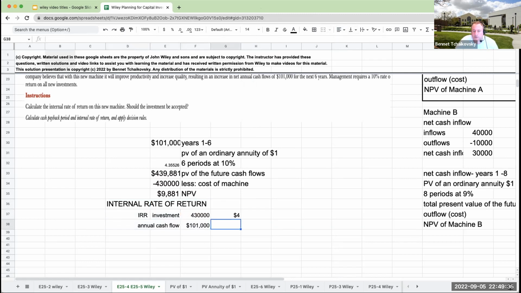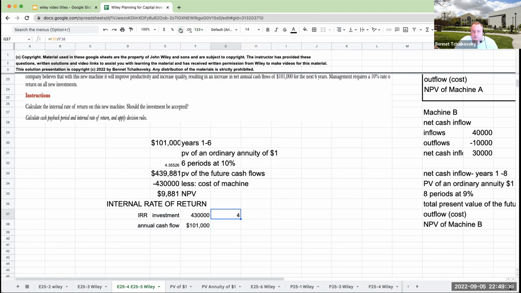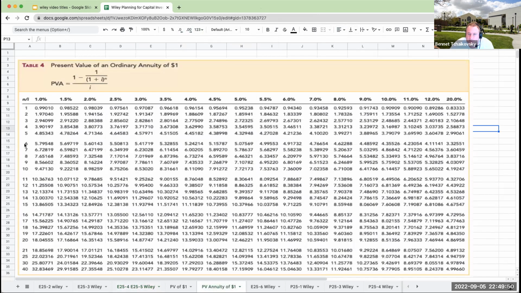So when we take this over here, we get 4.257426. If I come over here to the present value of an annuity of $1, because it's a 6-year payout, I'm going to look at, well, we've got 4.35526.